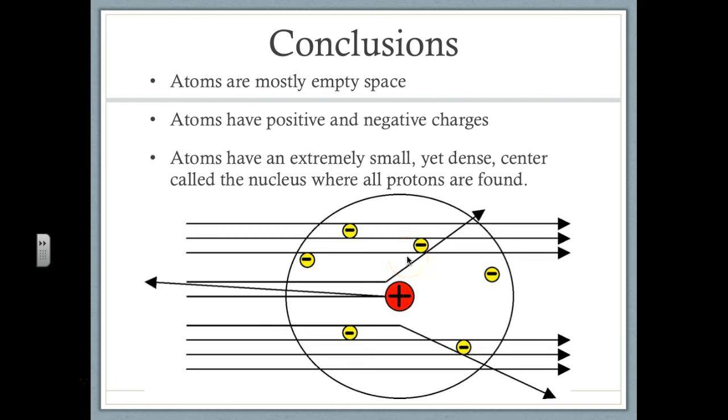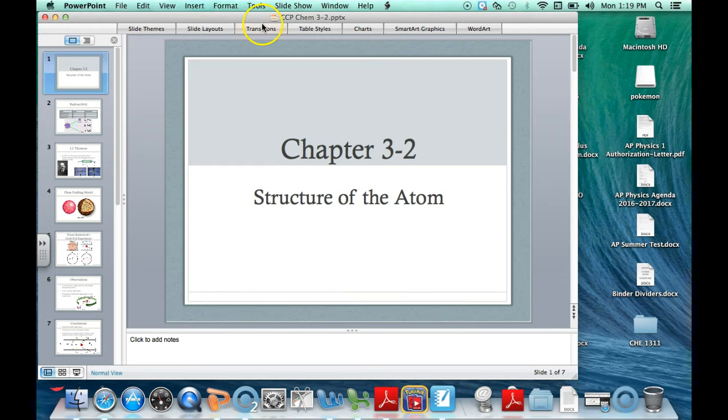And again, very few had very large angles or bounced back, and that was due to the very tiny nucleus. Now, later on, we'll discover that this model, which does explain those observations, is not the best one, because it doesn't explain other things, so other people make other models. And that's it for Chapter 3, Section 2.